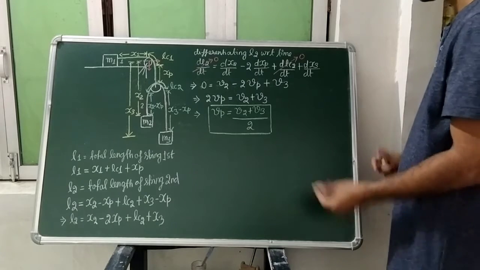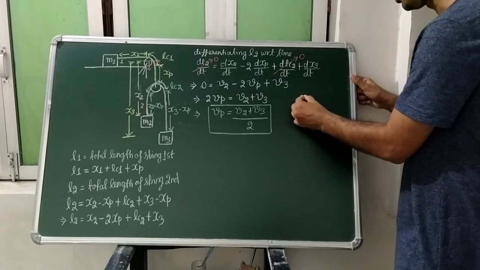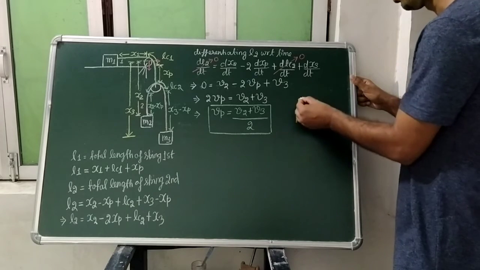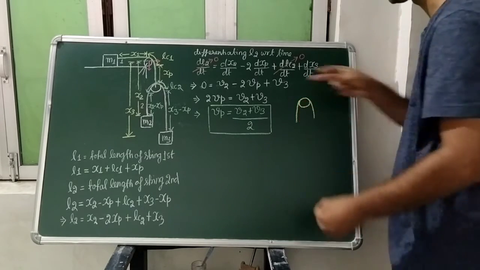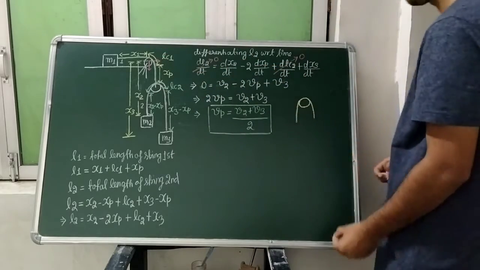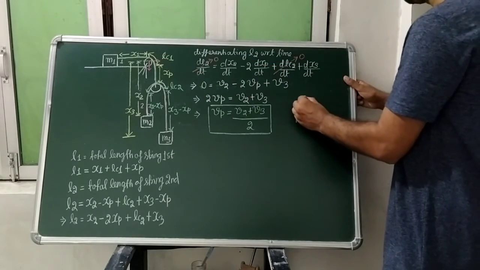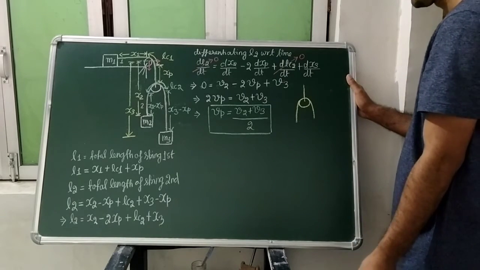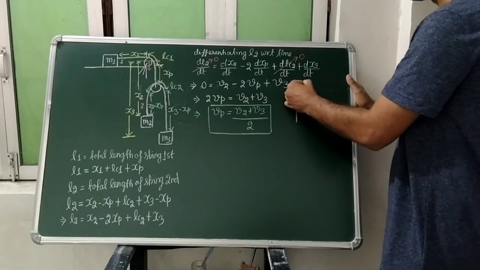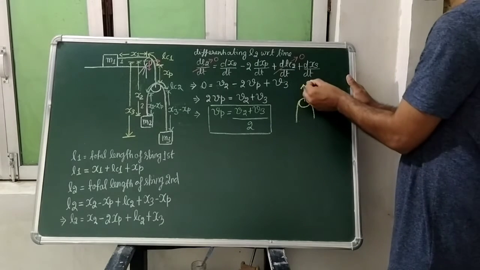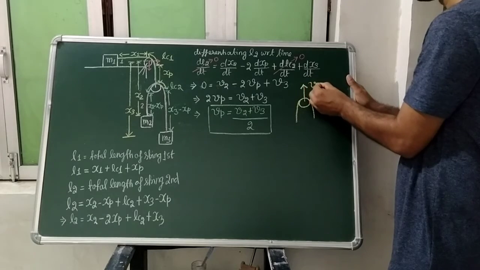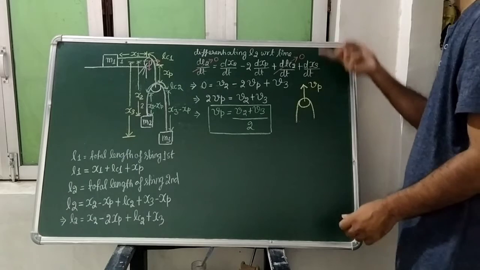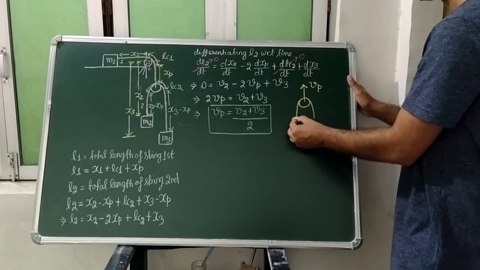So if I draw the free body diagram of this moving pulley, cutting these strings from here and here, the free body diagram will be something like this. And if I say this pulley is moving in this direction, vp is the velocity present here.